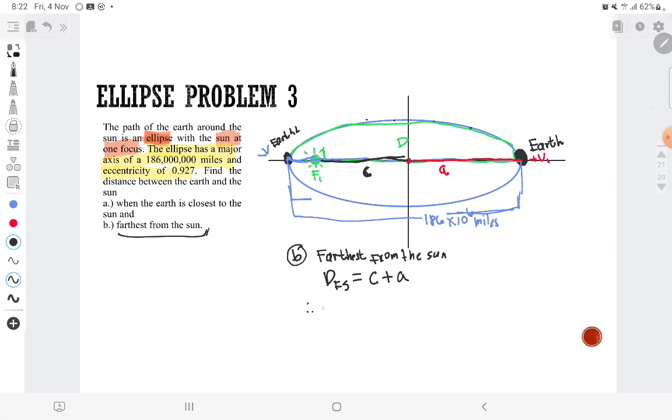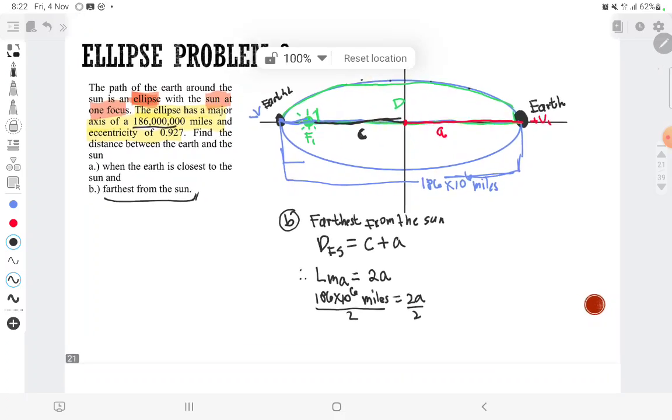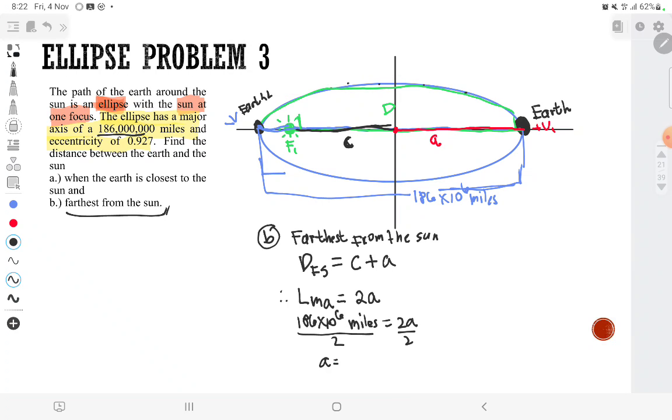Note that the length of our major axis is equal to 2A, and the length of the major axis is 186 times 10 raised to 6 miles, which is equal to 2A. Dividing both sides by 2, A is equal to 93 times 10 raised to 6 miles. Now, how will you get C?